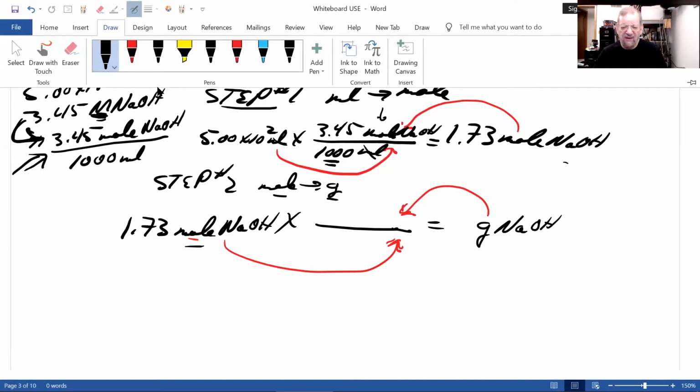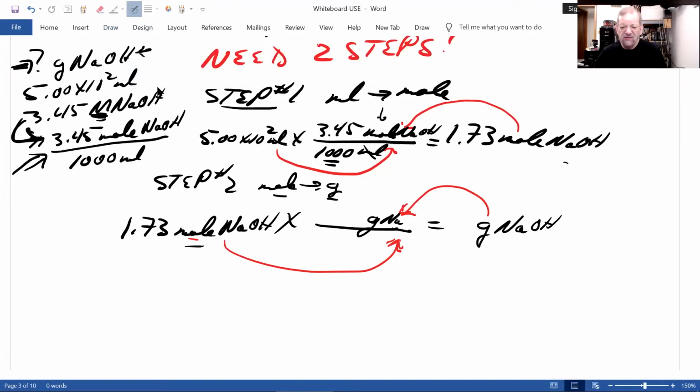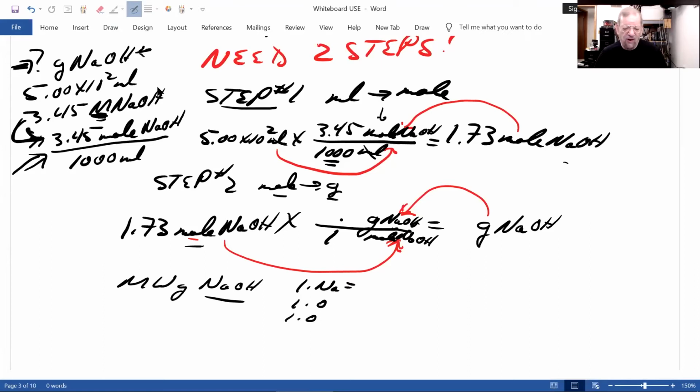Therefore, I have grams NaOH per moles NaOH. 1 mole equals the molecular weight in grams. What's the molecular weight in grams of NaOH? Well, it's the sum of all atomic weights. 1 sodium, 1 oxygen, 1 hydrogen. This is 23.0 to 3 significant figures.